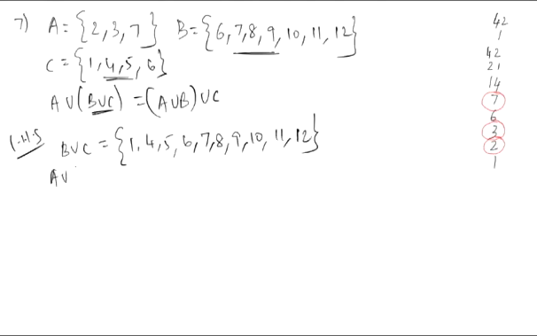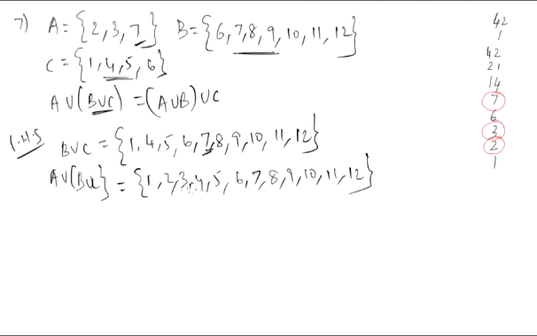Then A union B union C will be 1, 2, 3, 4, 5, 6. Now 7 occurs twice, which means 7 is the intersecting element in these two sets. But you write 7 once, without repetition, because you're taking the union. Then 8, 9, 10, 11, 12.